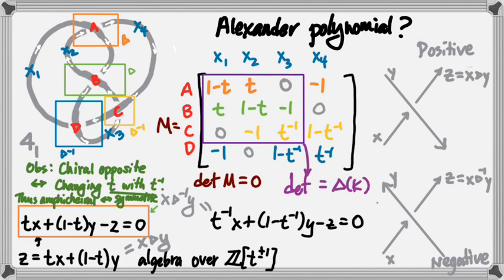Now you'll notice what looks like I've committed a faux pas here. It looks like I've just done this without row reducing. Last time we row reduced, and then after we did some row reduction, we took that 3x3 determinant. But in fact, it doesn't matter. Just taking the determinant of that 3x3 block will give us the same answer if we agree to normalize our Alexander polynomials in the same way.